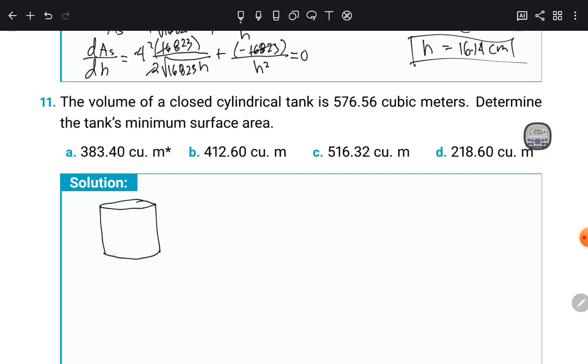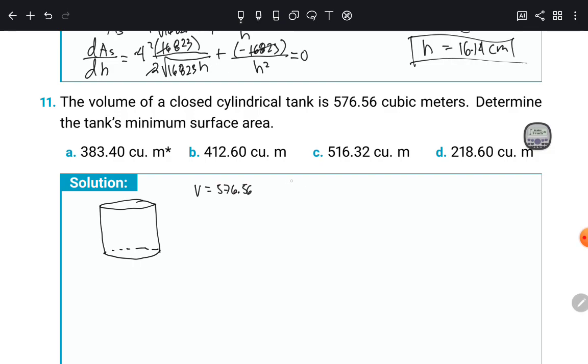So if this is our tank, it's cylindrical, then the volume is 576.56 cubic meters. Now, again, what we are taking the minimum or maximum of is the surface area. And that's the first thing that we want to look at.